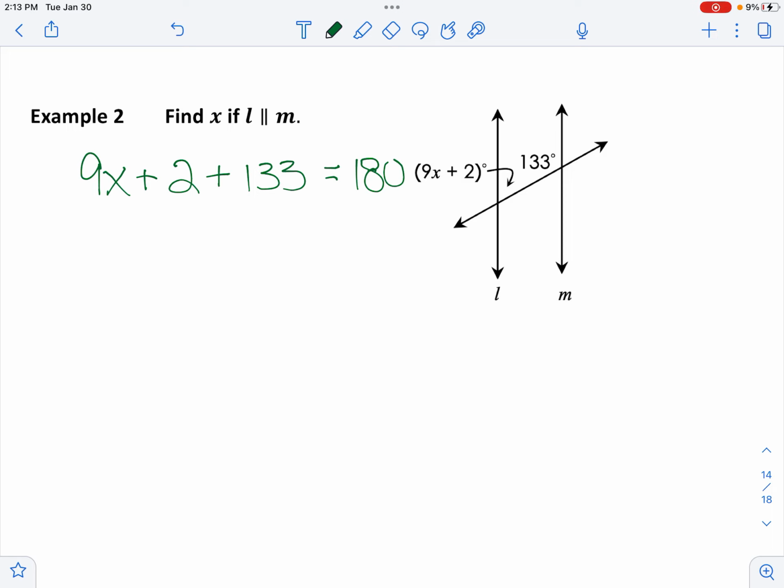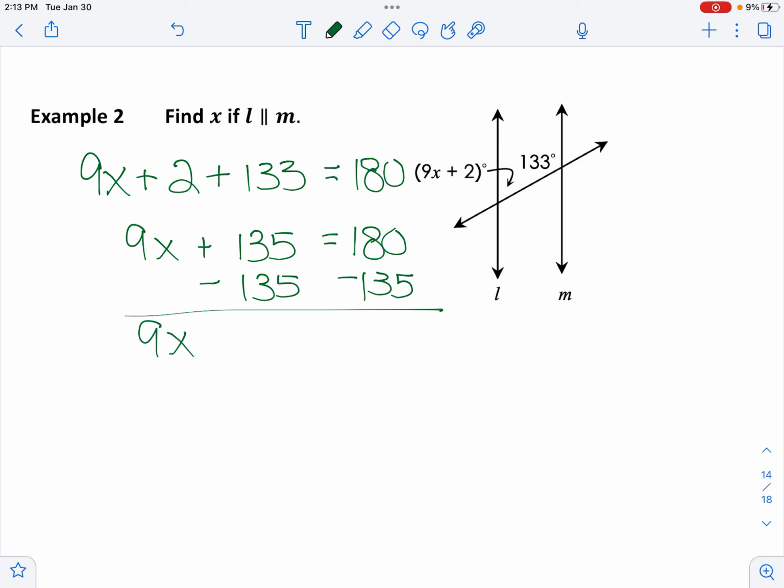Okay, so now I'm just going to simplify this. So remember, you want to combine like terms first. So I'm going to say 9x plus 2 plus 133 is 135 equals 180. Okay, and now to solve, I'd subtract 135 from both sides of the equation.